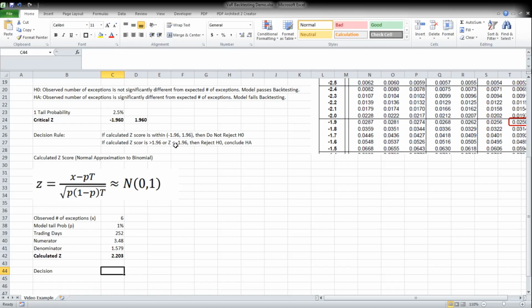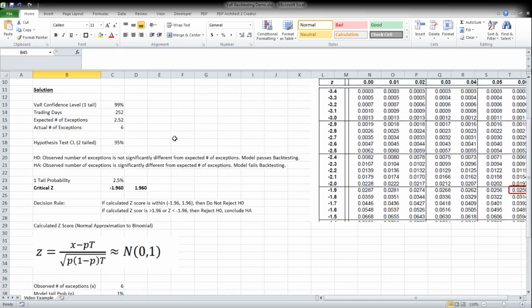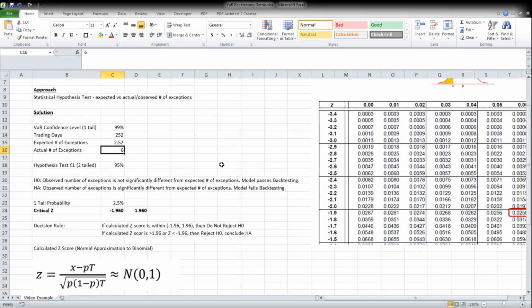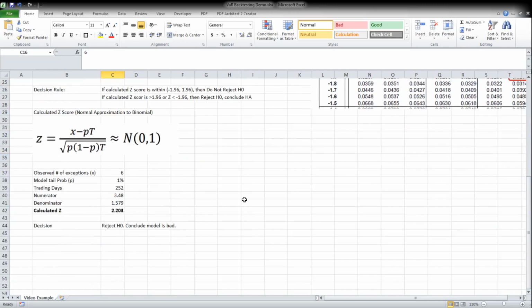So we reject the null hypothesis, reject H naught, and we conclude that our model is bad. We just failed backtesting. So it means that the 6 exceptions that we observed is significantly different from the 2.5 that we were expecting.